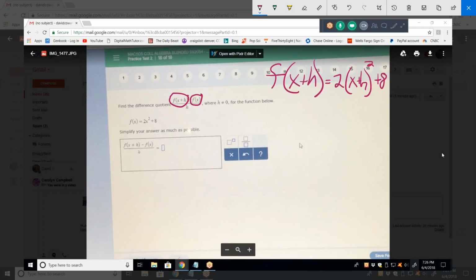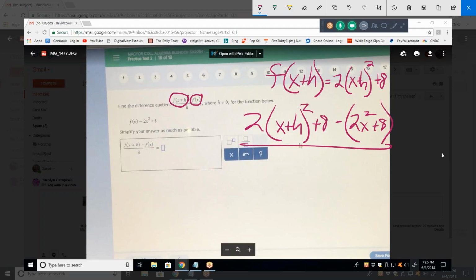So we'll make it 2 times (x plus h) squared plus 8 minus f of x. And again, parentheses are incredibly important, because otherwise you'll miss the sign on that 8. Okay, and now I'm dividing the whole thing by h.